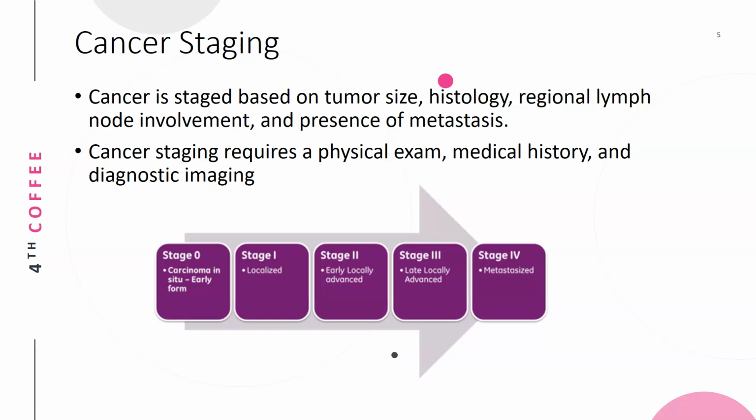Stage 2 is early locally advanced, so it may have spread to a few nearby lymph nodes and is starting to get out of control a little bit. Stage 3 is late locally advanced, and it has spread even more through the lymphatic system. And in stage 4, it's metastasized, which means that you can find those cancer cells in other sites of the body.